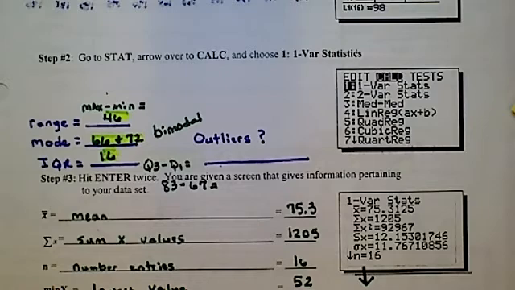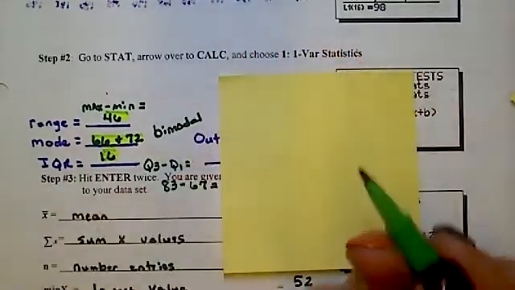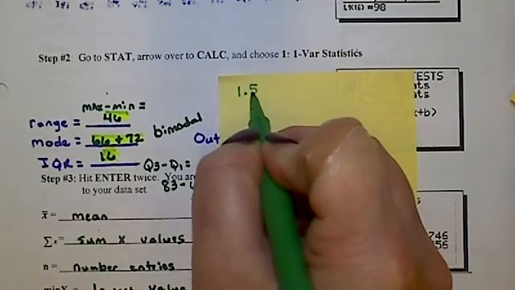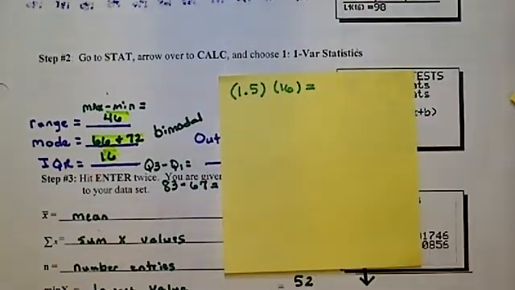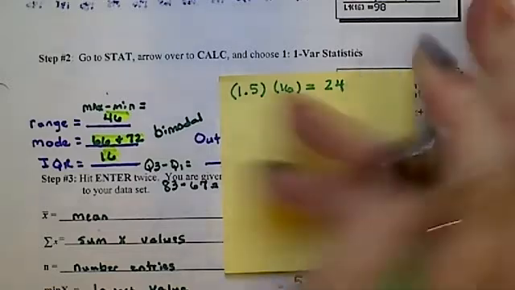Okay, what we need to do next is determine if there's any outliers. So let's think back to what we did with outliers. We need to first of all remember that we want to multiply 1.5 times the interquartile range. And that's going to give us 24.